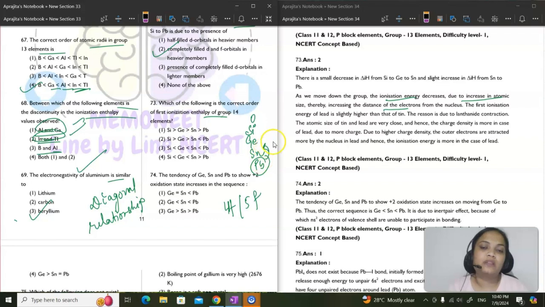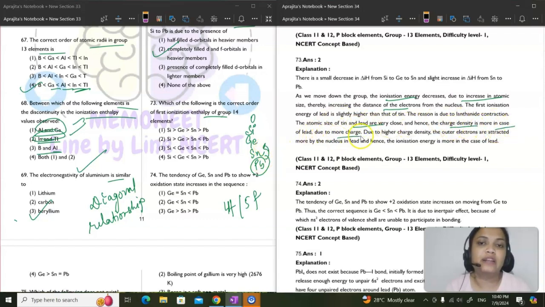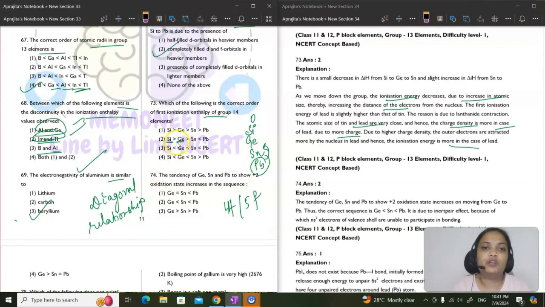Atomic size of tin and lead are very close, so charge density is more in the case of lead, and electrons are attracted to the nucleus more, and ionization energy is more in case of lead. So it is going to decrease from silicon to germanium to tin, but for lead it will increase. The answer is option 2.